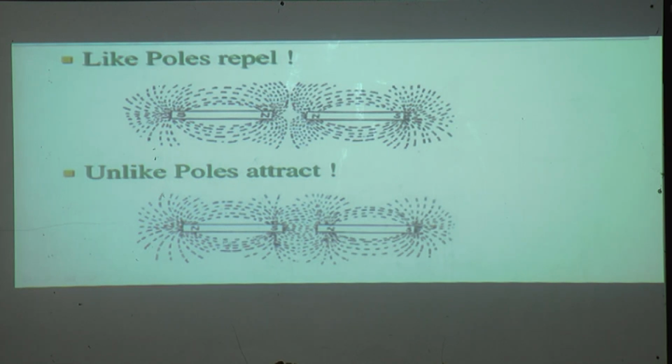And unlike poles: when we keep these two magnets, at the closer ends you can see one end is a south pole and the other is a north pole. These two ends are going to attract each other. This is called that unlike poles attract. So this is the property of a magnet.